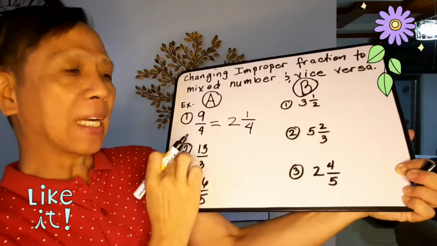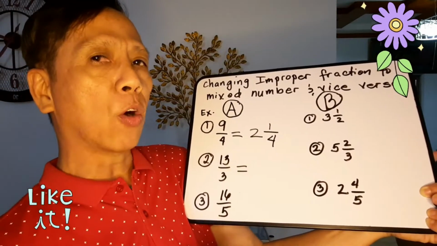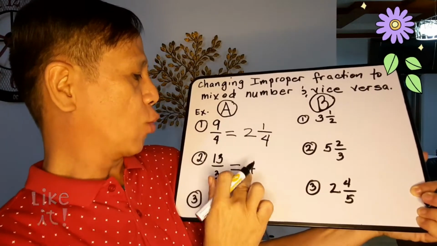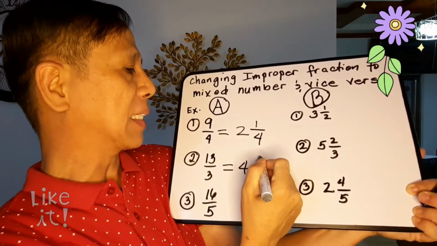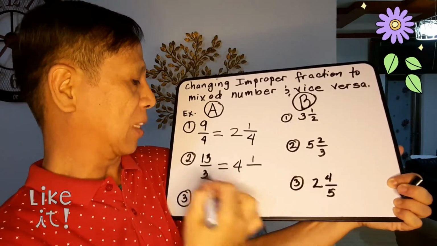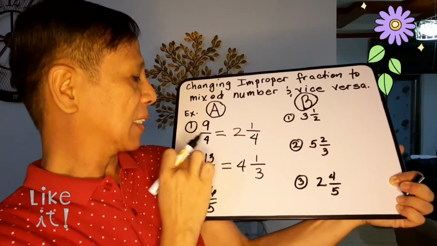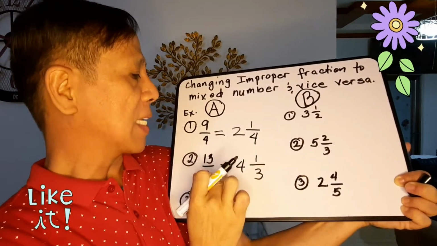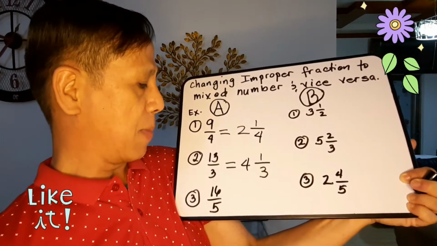Example number 2, 13/3. Ilang 3 kaya ang makukuha ko sa 13? Diba 4 na 3? Pag kinuha nyo yung 4 na 3, 12 siya, isa na lang ang matitira sa 13. At kopyahin ang denominator. So, 13/3 in improper fraction is equal to 4 and 1/3 in mixed number.